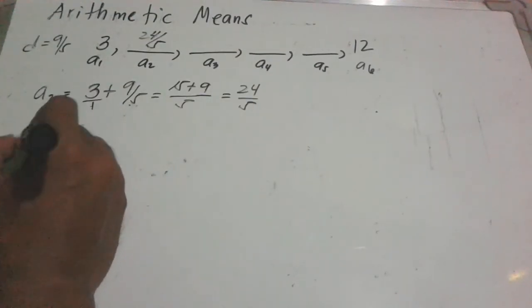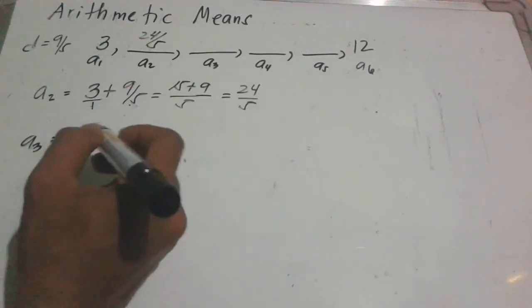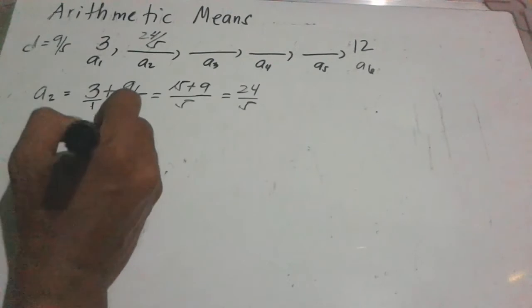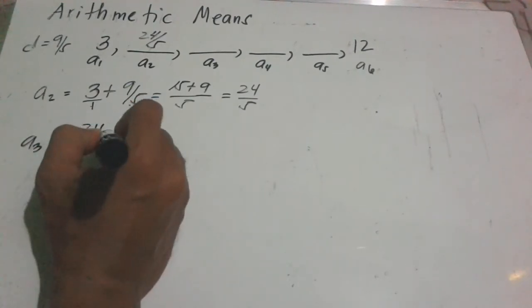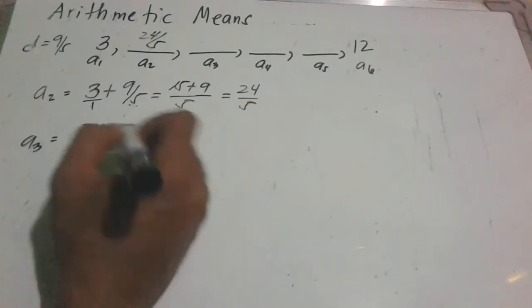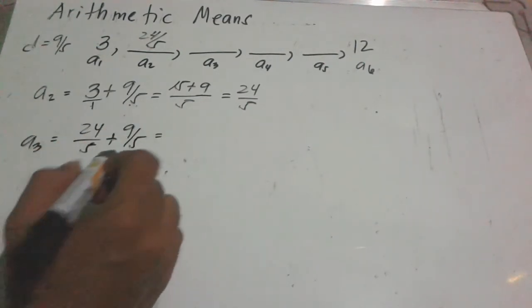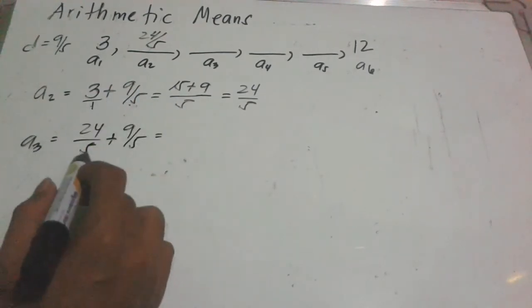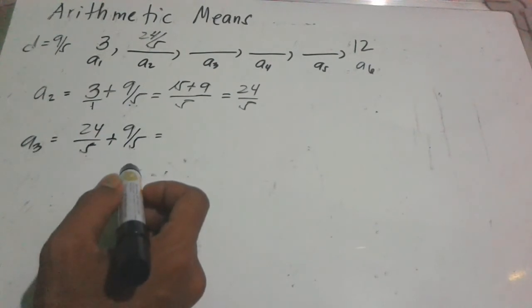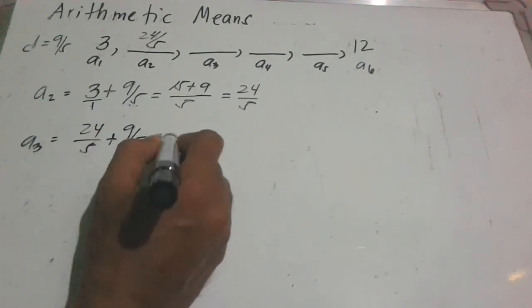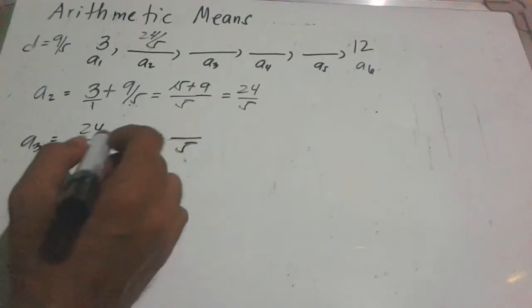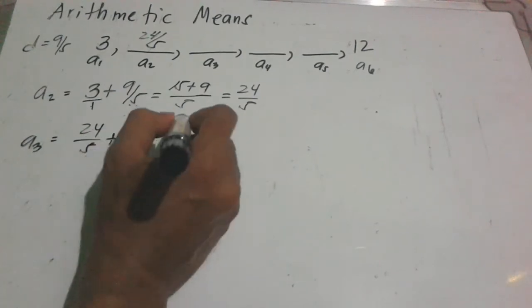Next, a sub 3. Our a sub 2 is 24 over 5, so we add the common difference, 9 over 5. We can now add because they have the same denominator. Let's remember the rule of adding fractions: since both have the denominator 5, copy the denominator 5, and 24 plus 9 is 33.